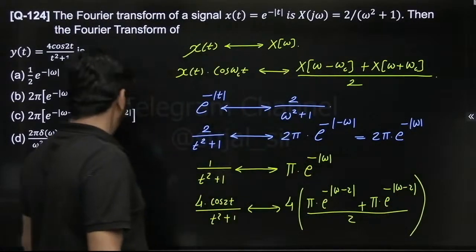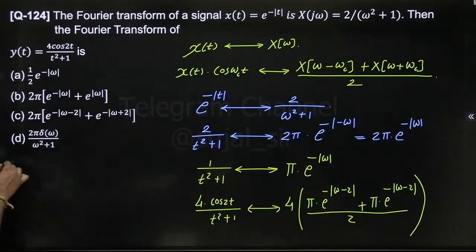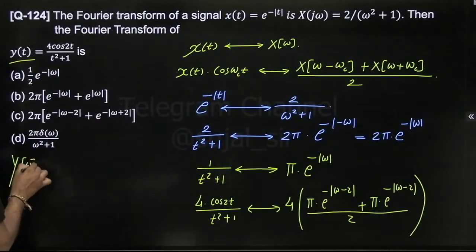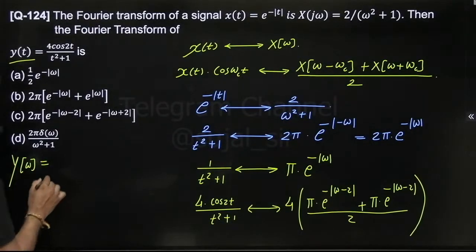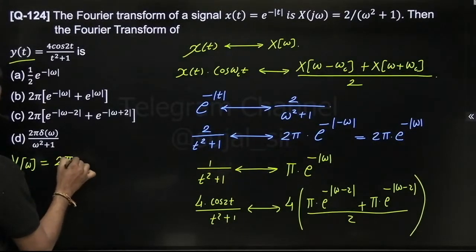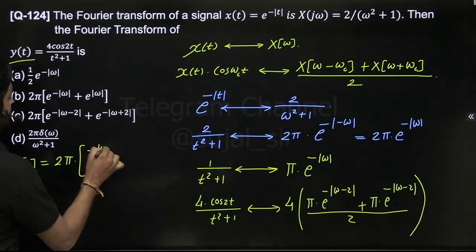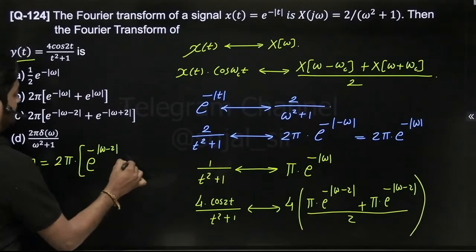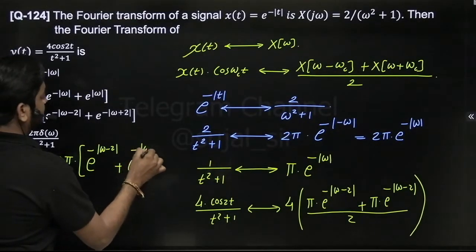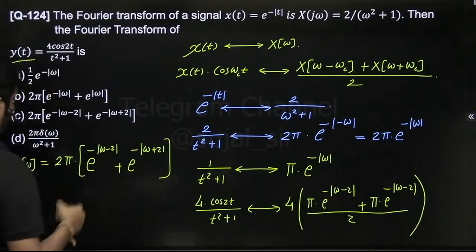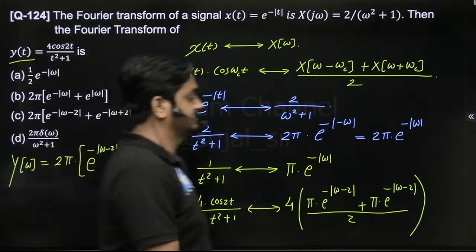So finally, Y of omega will be 2 pi into the bracket e to the power minus mod omega minus 2 plus e to the power minus mod omega plus 2. Correct?